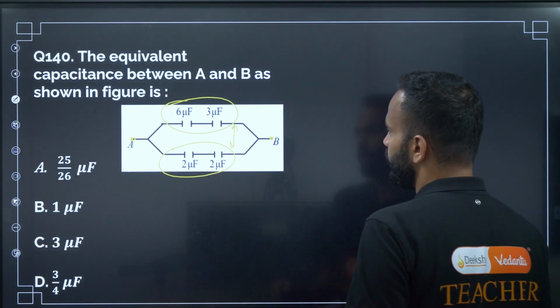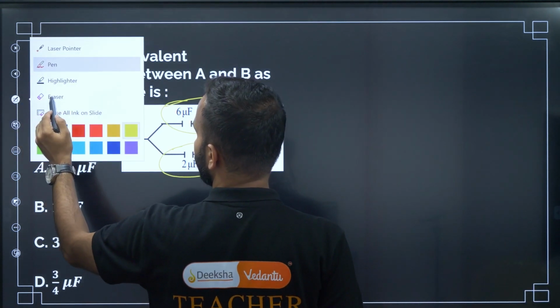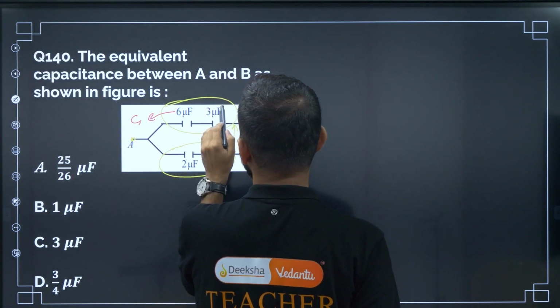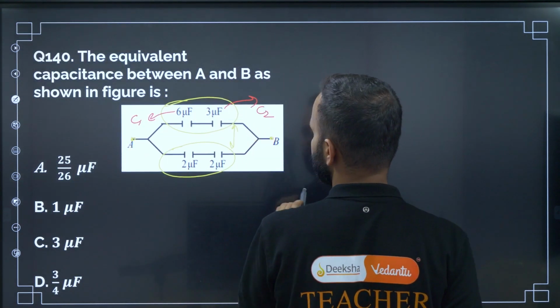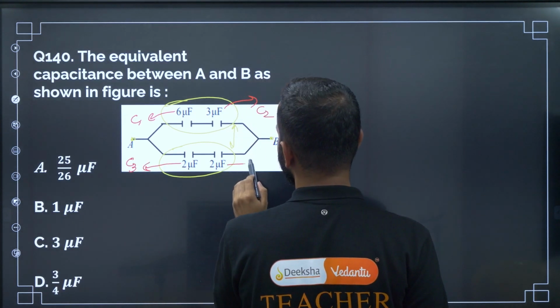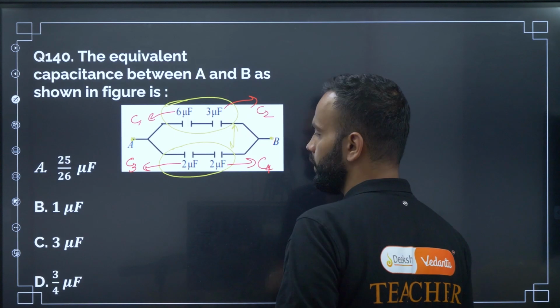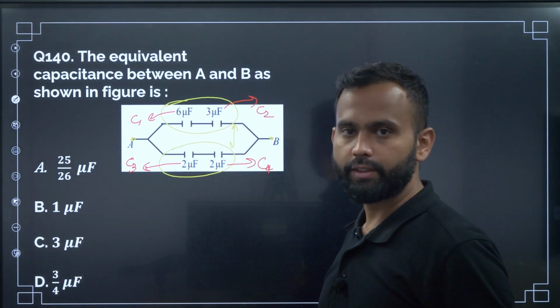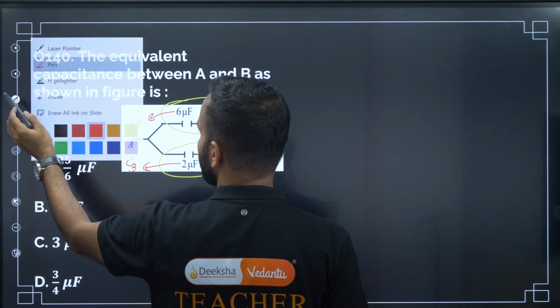Let's say C1 is 6 microfarad, C2 is 3 microfarad, C3 is 2 microfarad, C4 is 2 microfarad. Now C1 and C2 are in series.